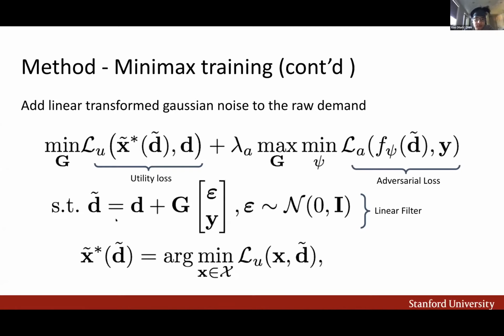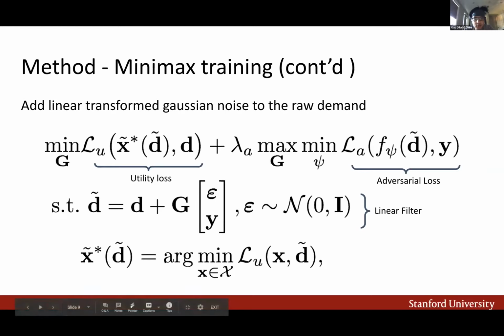And the constraint here is that we generate the privatized demand through the linear filter G, which basically takes a product with the random noise concatenated with the ground truth label Y, and then adds them to the raw demand.